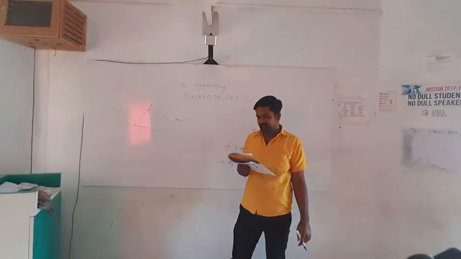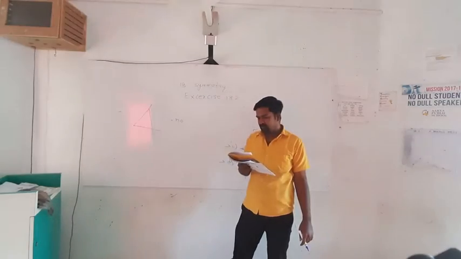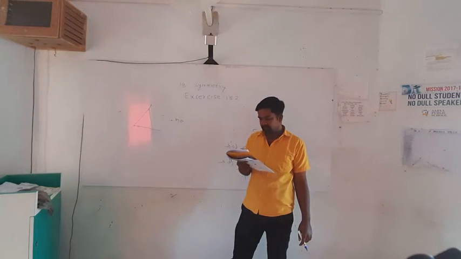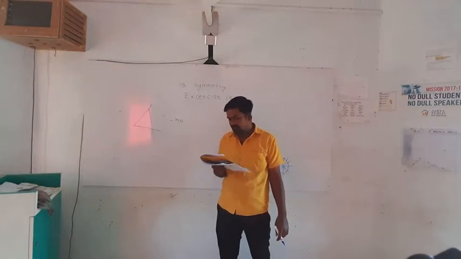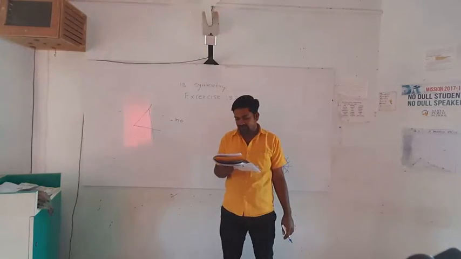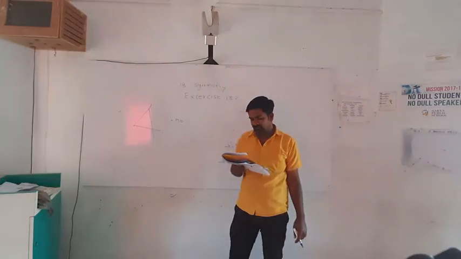Then the second shape they have given. So here, how many lines of symmetry? 1 and 2 lines of symmetry. Then the C shape is given.